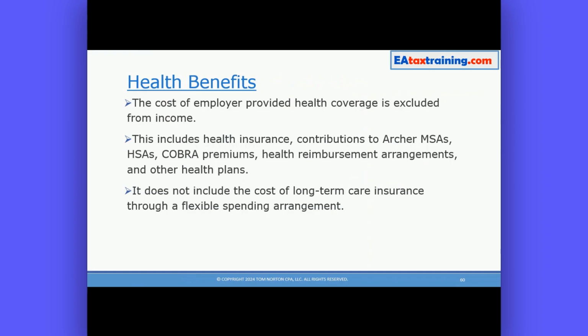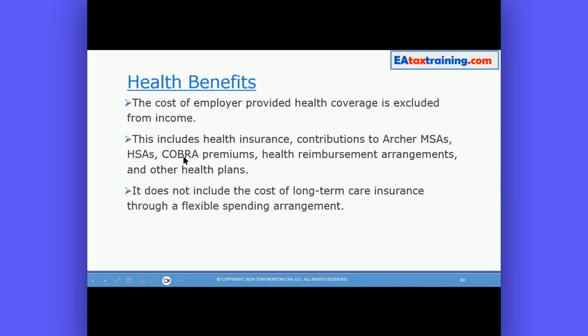Health benefits. The cost of employer-provided health coverage is excluded from income. So this is a very common fringe benefit that people have. The employer provides health insurance, or at least they provide an amount towards health insurance, and the employee can exclude that from income. So this includes health insurance, contributions to Archer MSAs, which are medical savings accounts, health savings accounts, COBRA premiums.